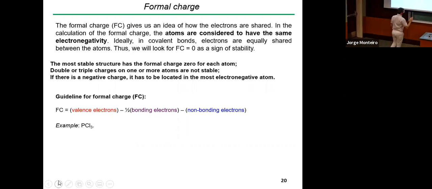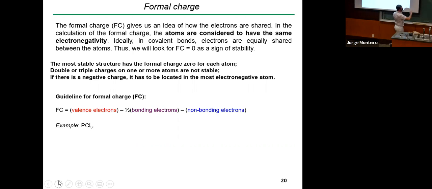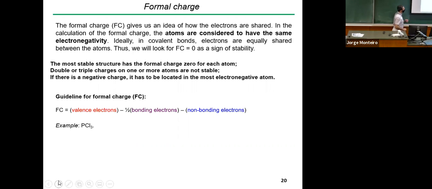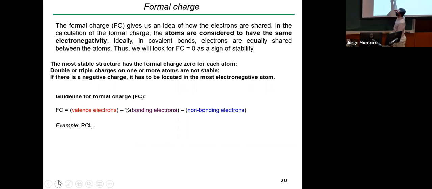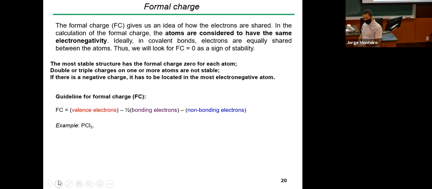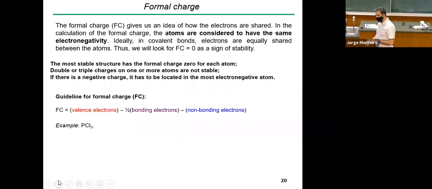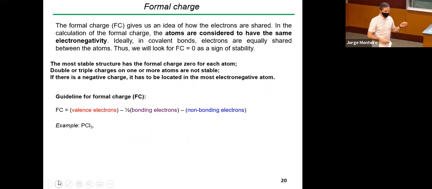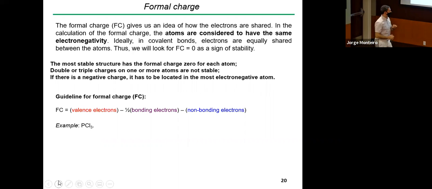Okay, so for that we are going to draw all the possibilities, and we are going to decide which structure is the most stable using the concept of formal charge. Always look for all of them 0. If it's not possible and we have a negative charge, that has to be located in the most electronegative atom.